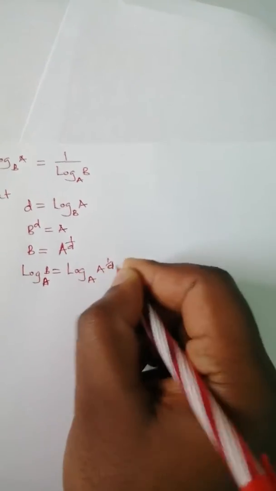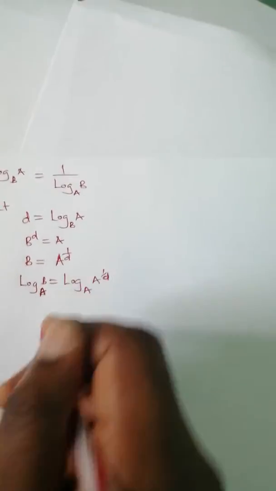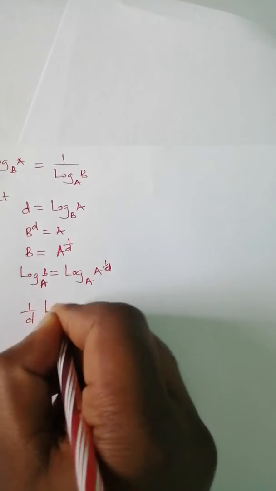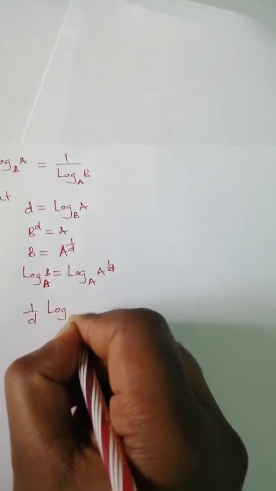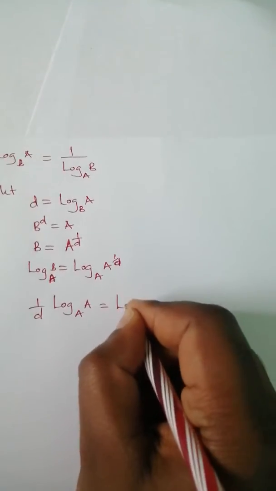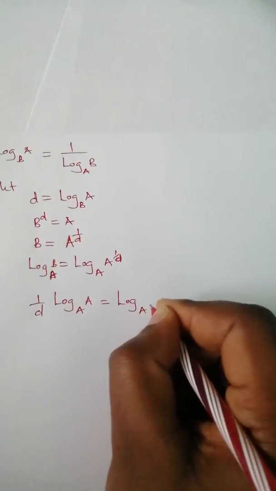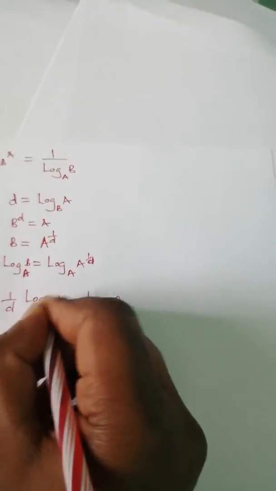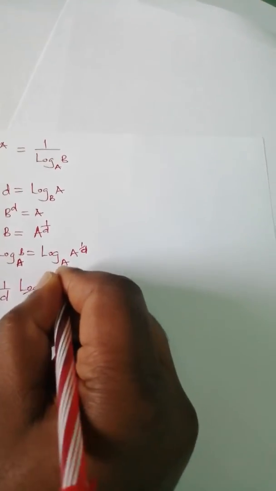Then at this junction, this d will come to the other side. So we shall have 1 over d log a to base a is equal to log b to base a. So this log a base a will be equal to 1.